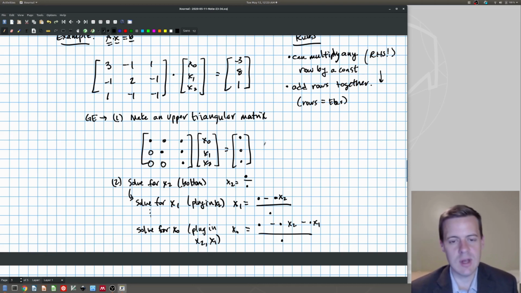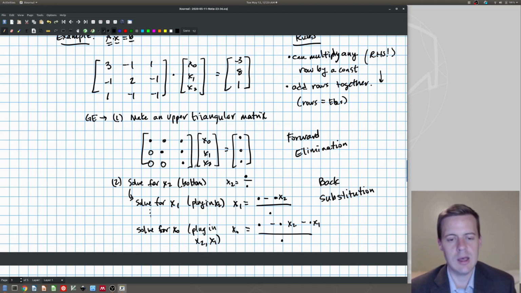So these have names. This, make an upper triangular matrix, is called forward elimination. I'm eliminating terms, getting zeros. This is called back substitution, as I work my way back up the x vector and I substitute in as I go along.